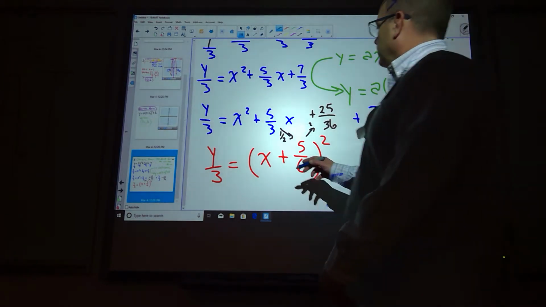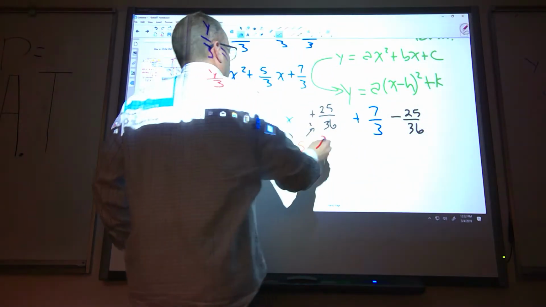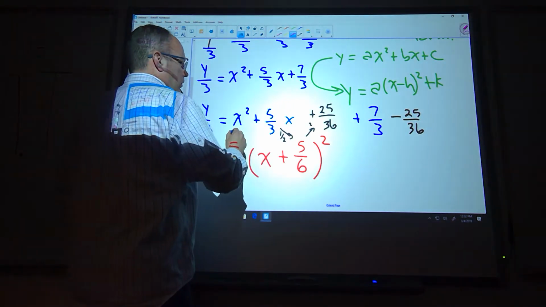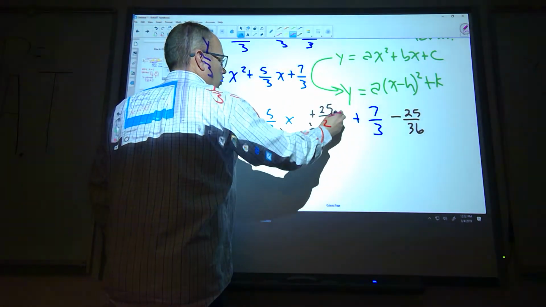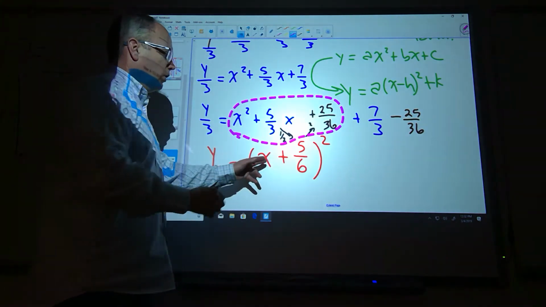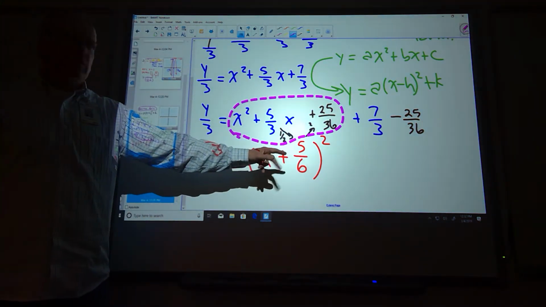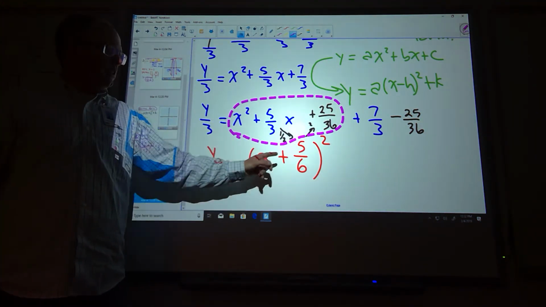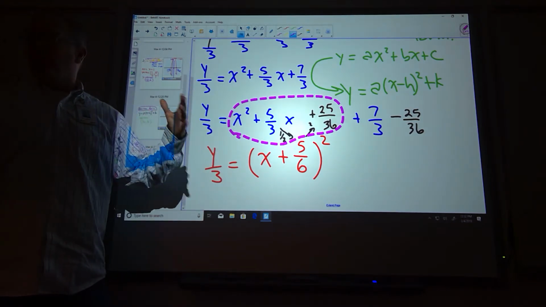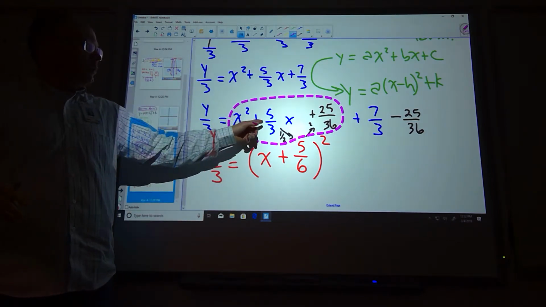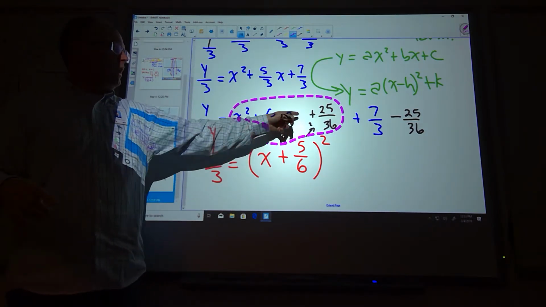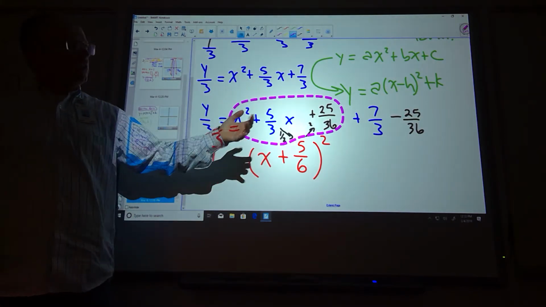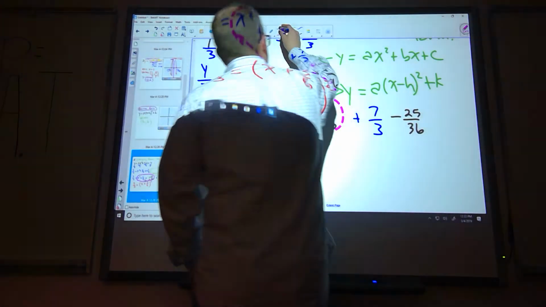Okay. So, here's really the neat part of this. This portion here, if I took x plus 5/6, and I have 2 of them, x plus 5 over 6, and I FOIL them or double distributed, it would give me x squared plus 5 over 3x plus 25 over 36. Simple as that.